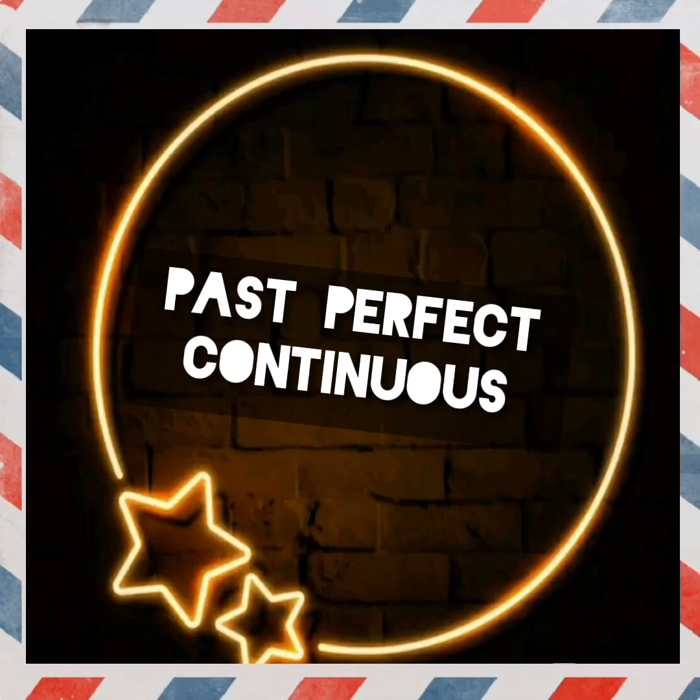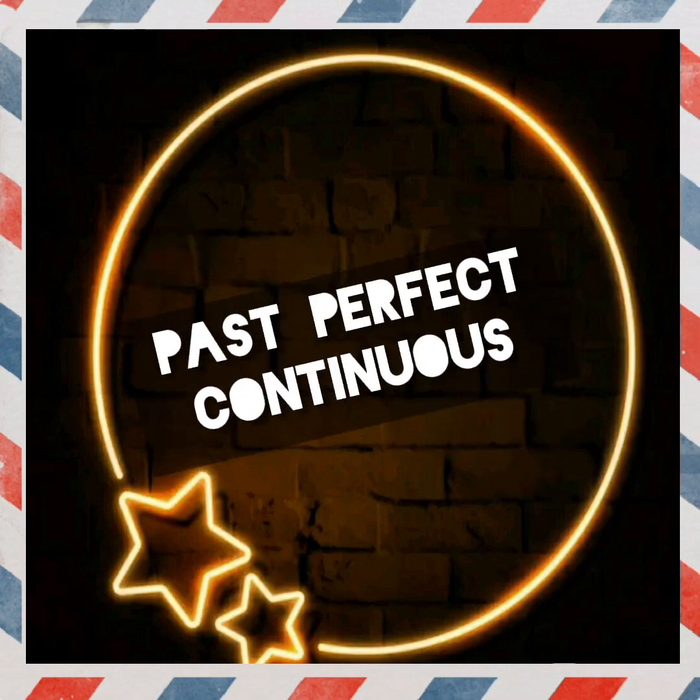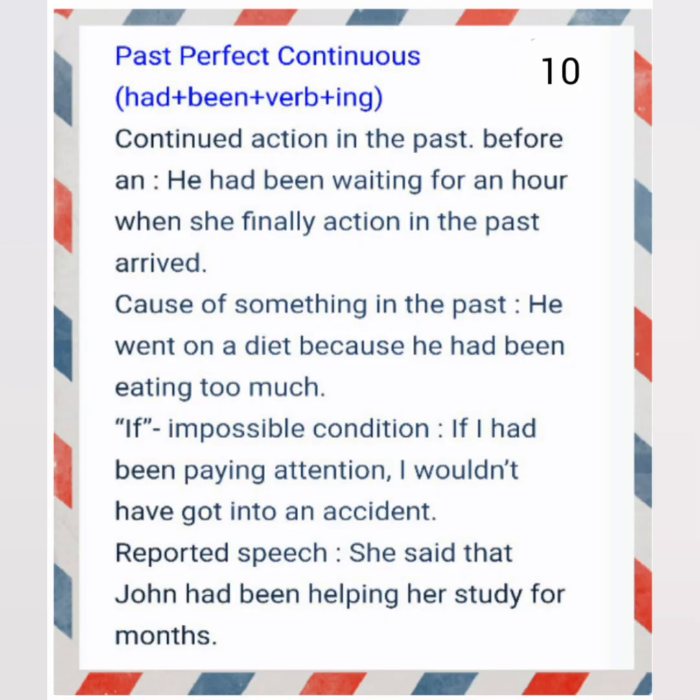Now let's see about past perfect continuous tense. The format is had been plus verb plus ing. It expresses continued action in the past before an action in the past. Example: he had been waiting for an hour when she finally arrived. Then it is used for the cause of something in the past.